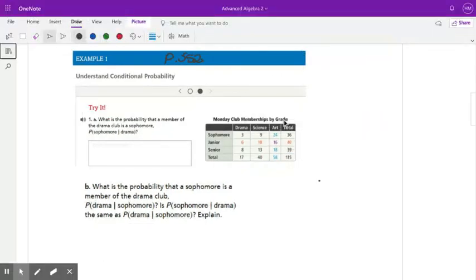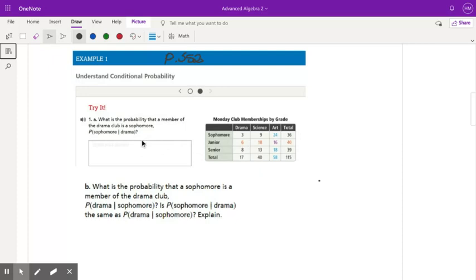Your workbook does not have this chart, but you should pause and copy this chart down or add it to your notes, so that whenever you go back and look at your notes, it will make sense and it doesn't look like you're just pulling numbers out of the air. So you do need this information. Go ahead and add it.